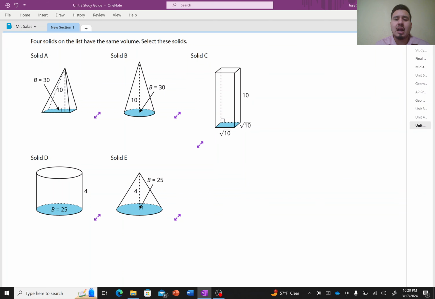Solid A says, well, I know that to calculate the volume is base times height, but the figure for A is a pyramid. So we found out that a pyramid is equal to 1/3 base times height, and that would be the volume for a pyramid, right? Going off of that, for solid A, it's going to be 1/3 base, the base is 30, times 10, because that's our height.